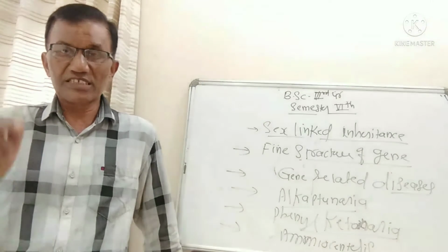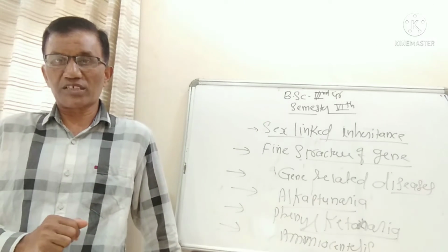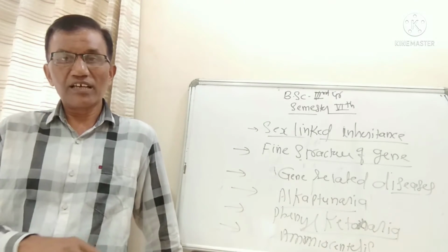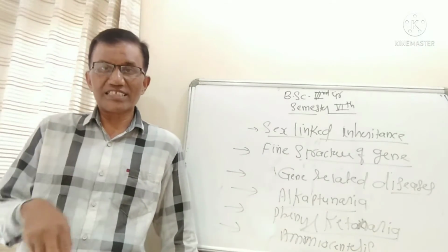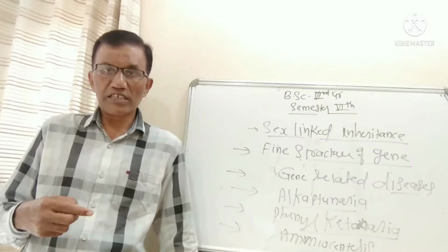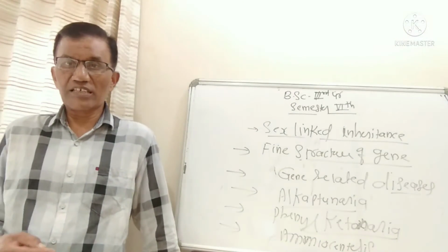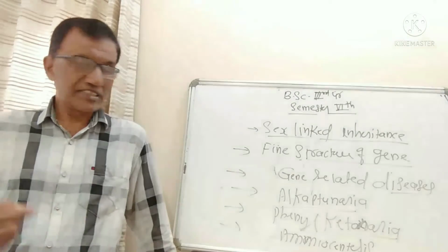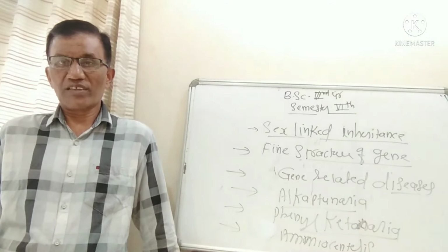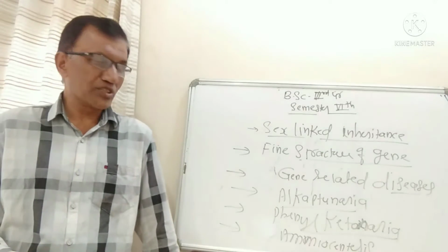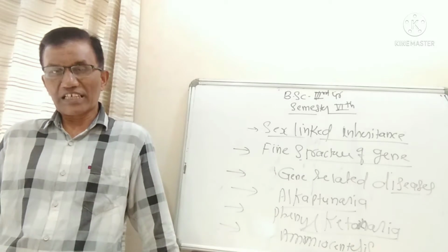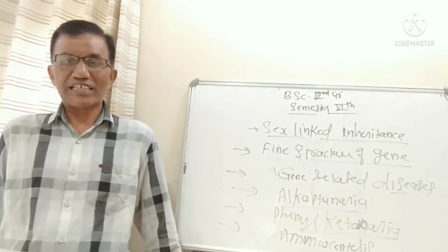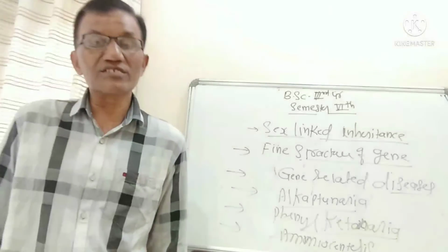If that enzyme is not produced by the person, then there will be a deposition of a specific acidic compound, and that acidic compound leads to a particular disorder. For example, in alkaptonuria, that acidic compound is released through the urine, and if it is exposed to sunlight, it turns black.